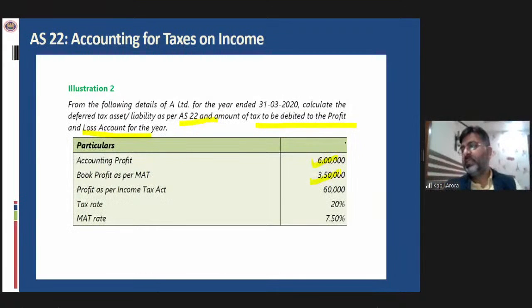What kind of advantage can they take? They can take advantage of all the allowances which may be there. For example, they may invest in R&D, or they may buy an asset in a particular area or a particular type of asset, so that all these kinds of allowances which can be given to them, they have taken, and they bring the tax rate to 0.